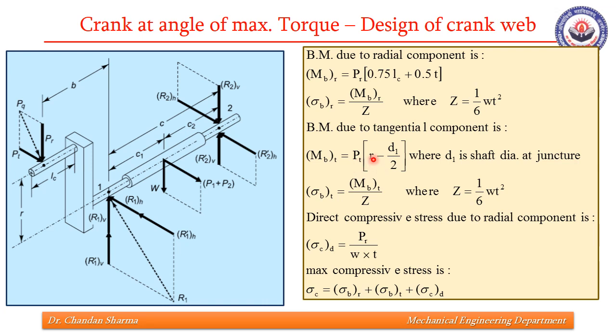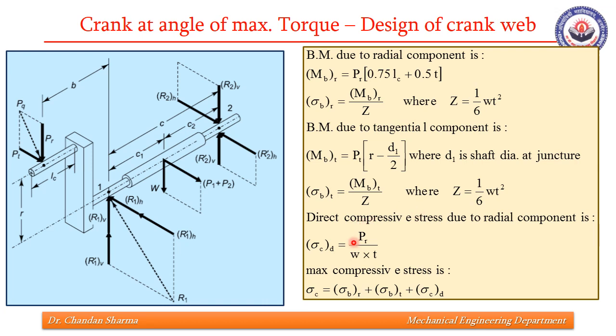We know PT and we know R. R is crank radius and D1 is diameter of shaft at the juncture, which is this. So we'll find sigma BT from here. So sigma BR, sigma BT.